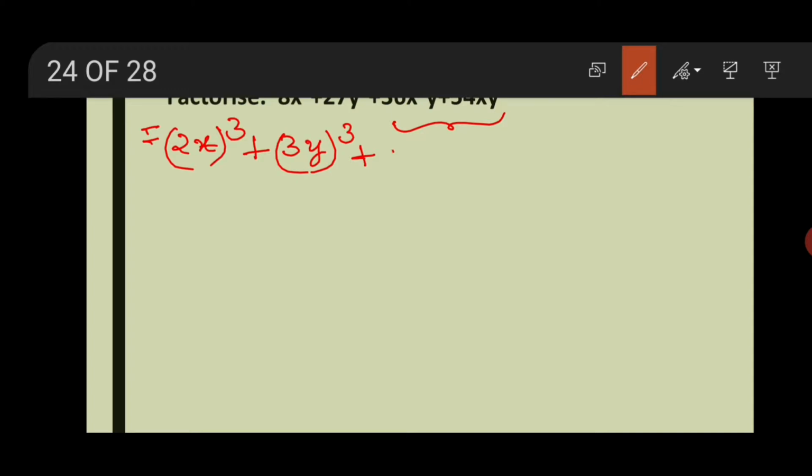Take common factor outside. Common factor is 18xy. Take outside. Then we will get 2x plus 3y.